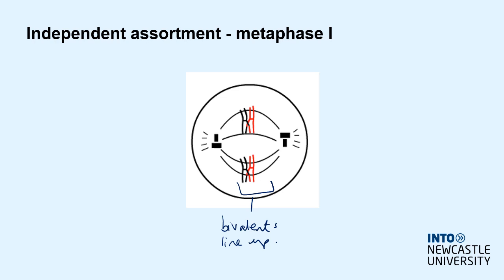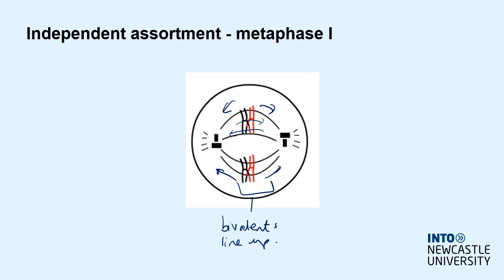So you've got, in this case, the red going to the right, the black to the left, the red to the right, the black to the left. But this could happen in either way. I mean, it's independent of each other. So the black could go the other way, the red could go the other way, and the next chromosome pair is completely independent. So you get this independent assortment of the maternal and the paternal chromosomes after metaphase 1 when these chromosomes are separated.